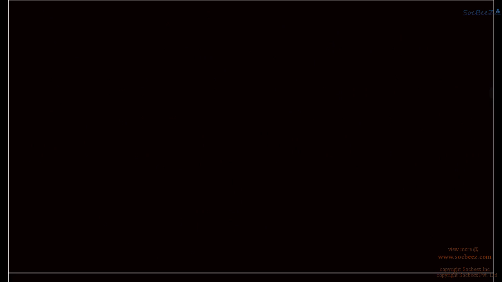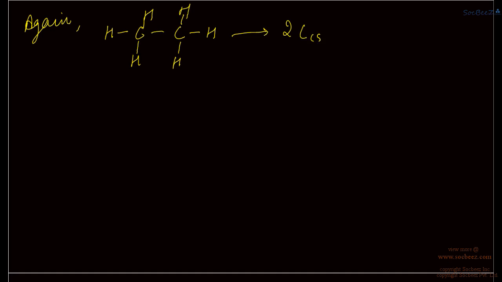Okay, now again, there is a second reaction given to us, the structure of ethane, which undergoes dissociation to 2C plus 6H. Now its heat of reaction is 676 kilocalorie, right?